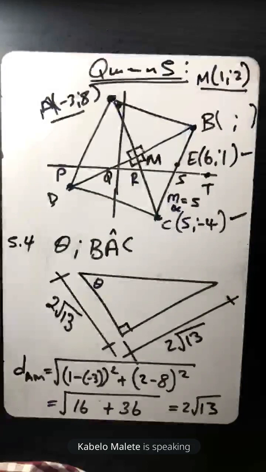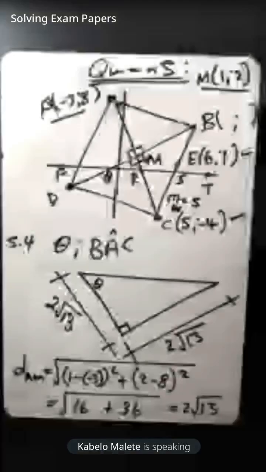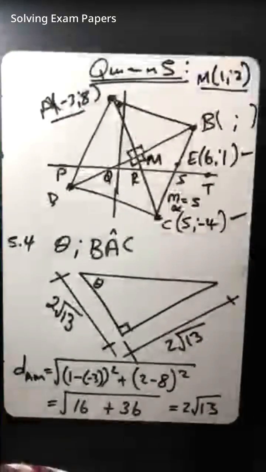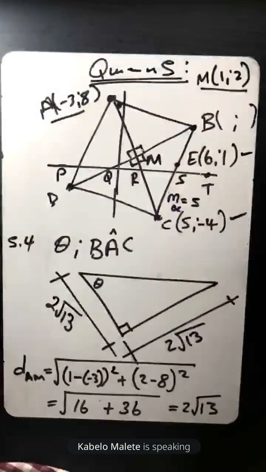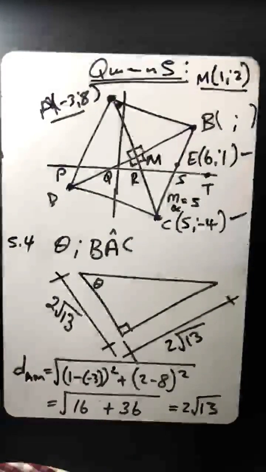So, sir, since the sides are equal, the lines where the diagonals bisect each other are going to be equal.